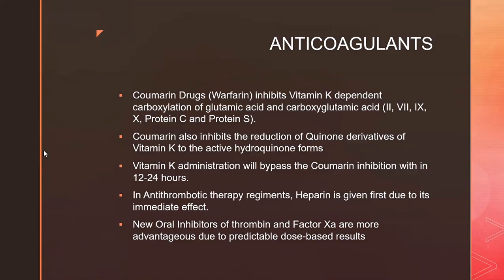Okay? Ano yung ating mga vitamin K dependent? 2, 7, 9, 10. Tapos ibang protein C and protein S. Those are your vitamin K dependent. So pag kulang ka ng vitamin K, bababa yung factor 2, 7, 9, 10, protein C and protein S.